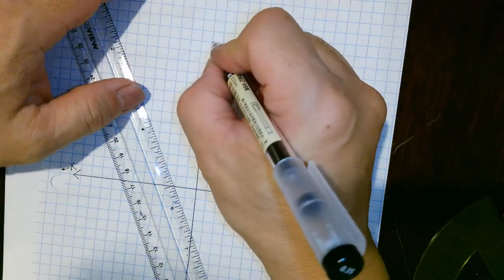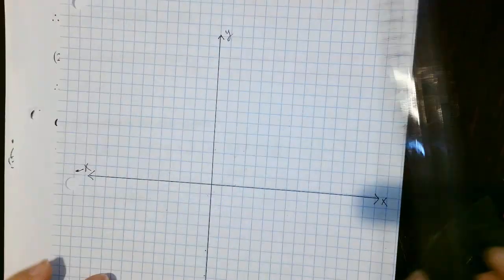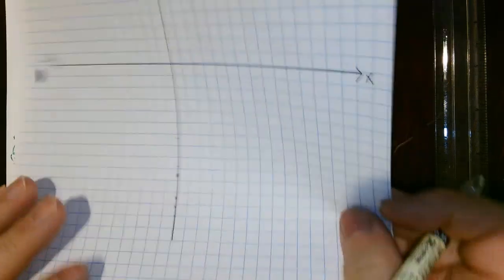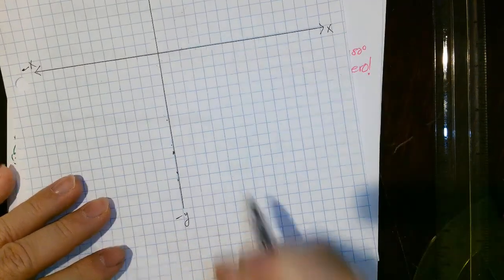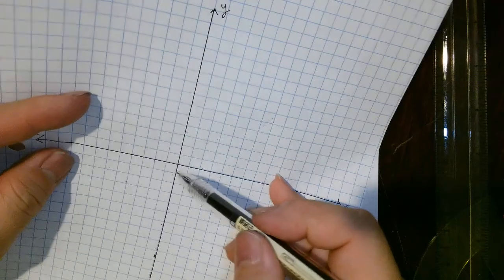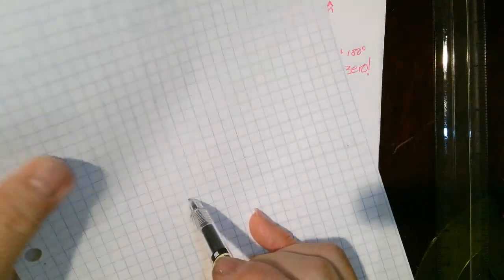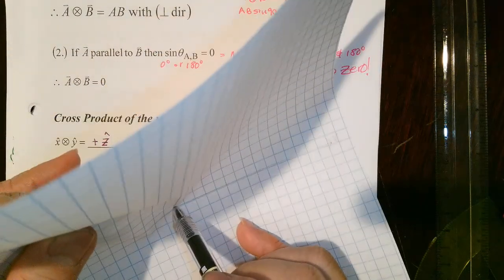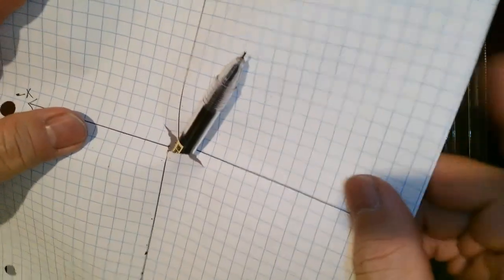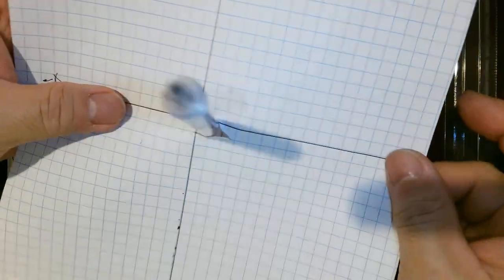So here's your y, and this is your negative y, right? I wish I had a thinner wire for this. Here's my z.